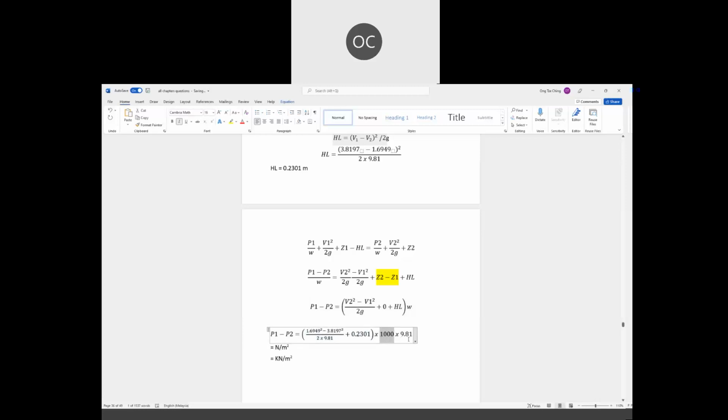So you need to multiply by 9.81 to obtain the specific weight for water. Please calculate and see what your answer is for P1 minus P2.